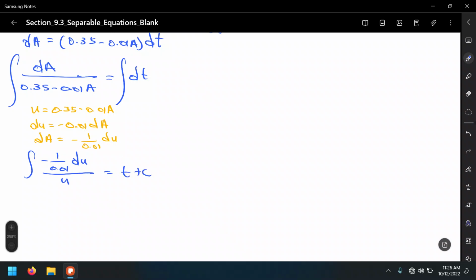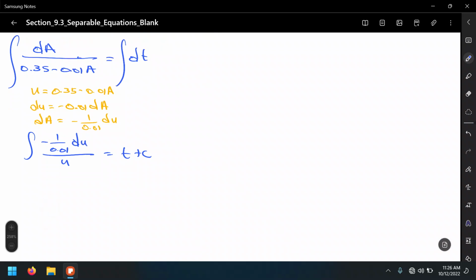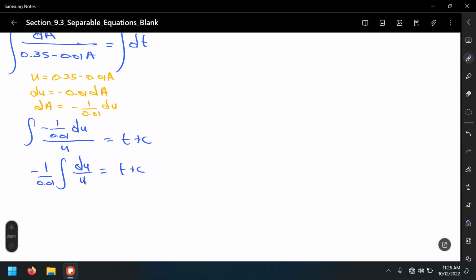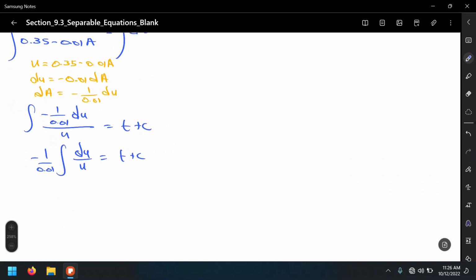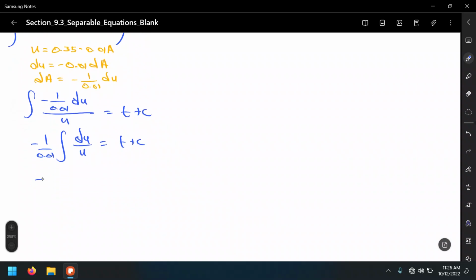plus c. Recall that we add the plus c only on the right hand side of the equation. Let's clean up the integral on the left hand side first, so we can easily see how we're going to integrate this one. That's negative 1 over 0.01 du over u equals t plus c. And du over u, what is that integral equal to?